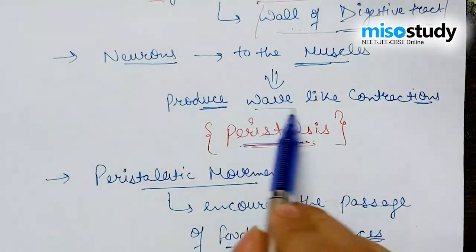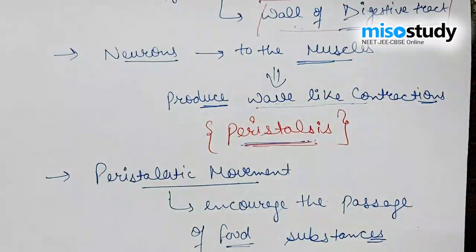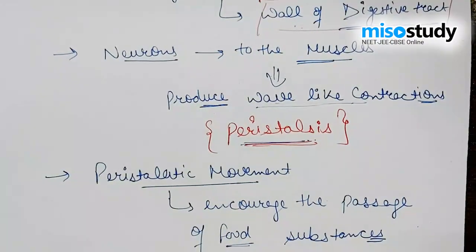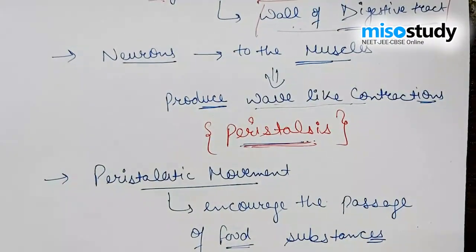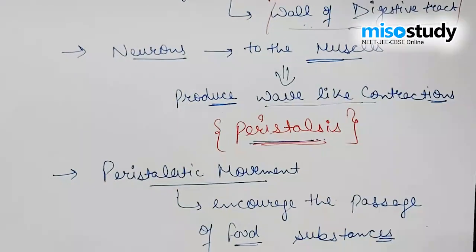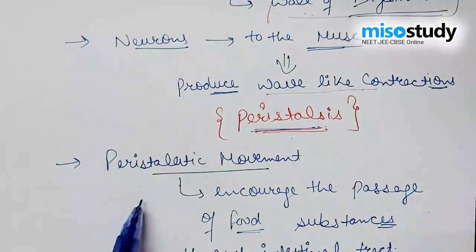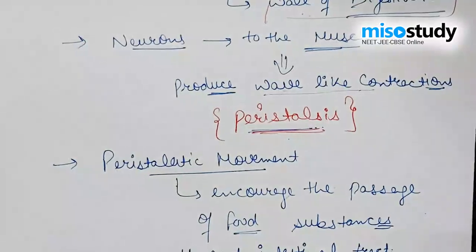Peristalsis is a wave-like contraction through which food passes from upward to downward in the alimentary canal. Peristalsis is also known as peristaltic movement.